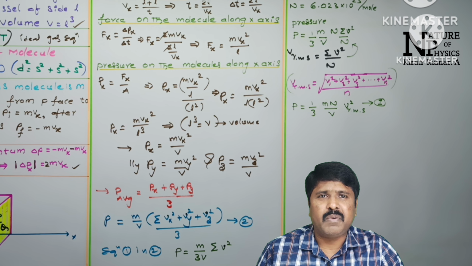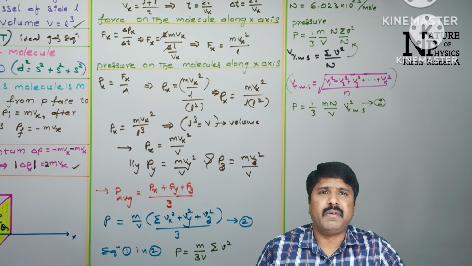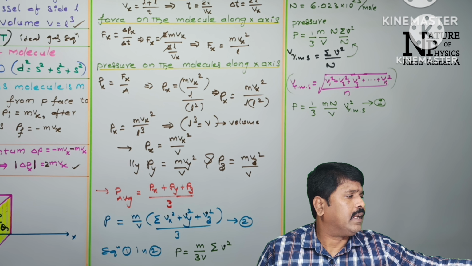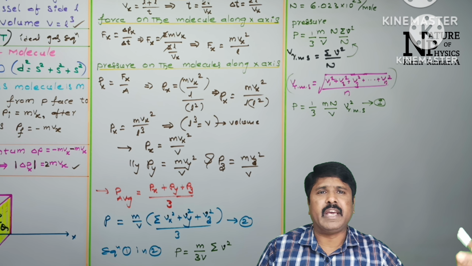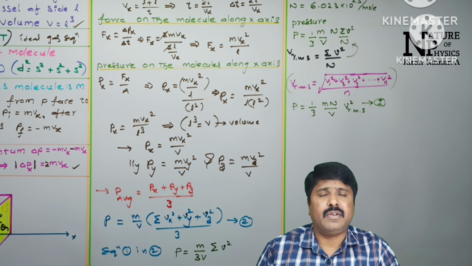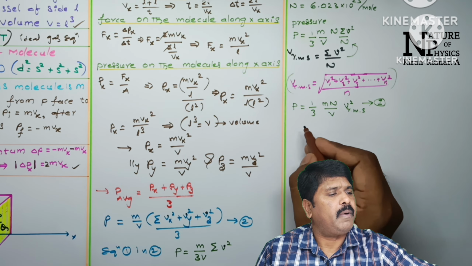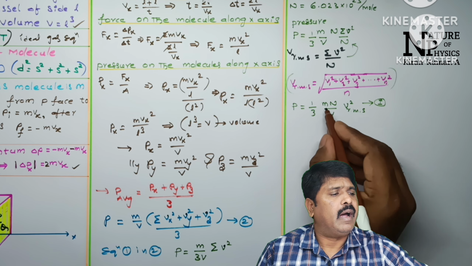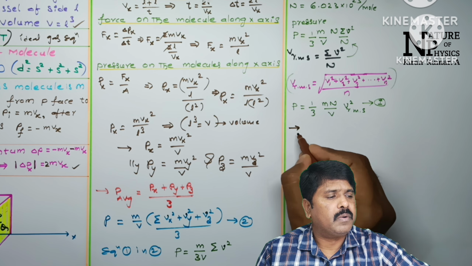So using this equation I'm going to write the different equations. Everyone look at this clearly, step by step I'm going to explain the different equations of the RMS velocities.